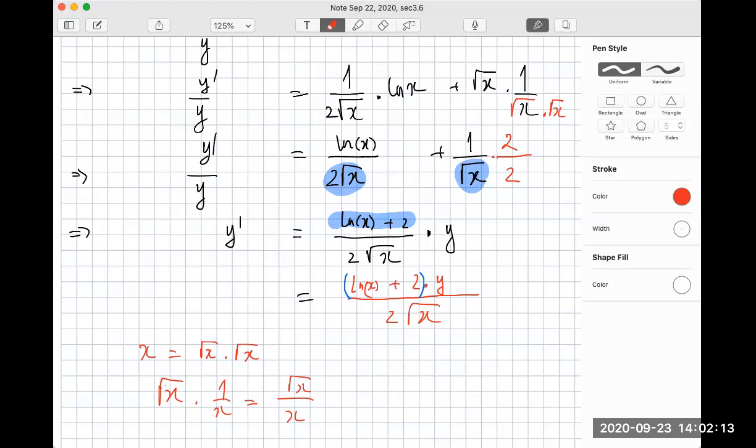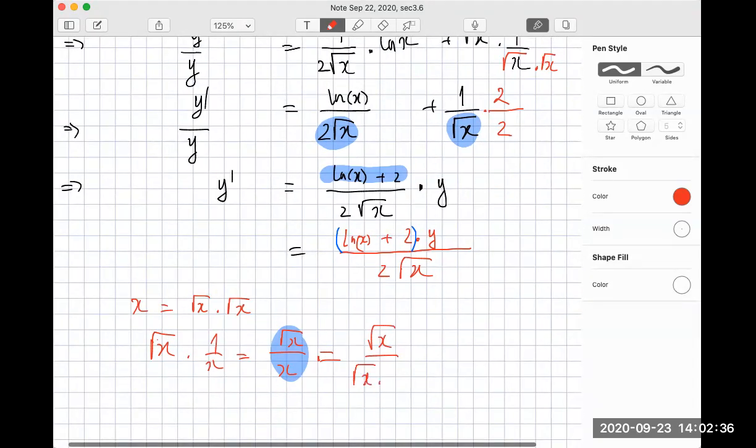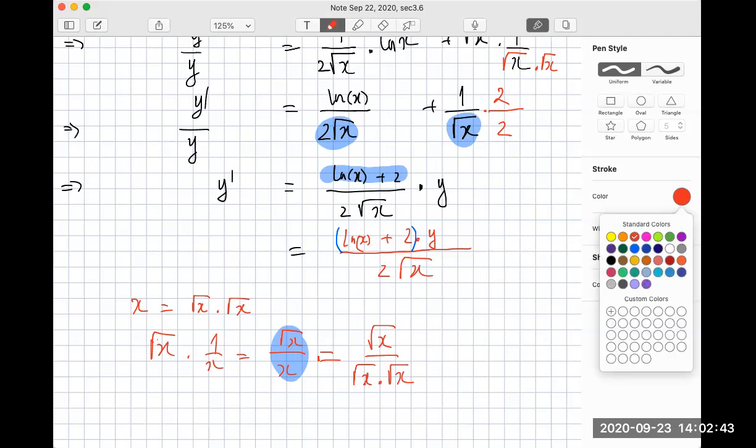But we see that in the first fraction there is a square root of x in the denominator. Without seeing that fraction, we see that this one we can simplify it, right? Because here it is square root of x divided by square root of x times square root of x. So we can either simplify it or let it be this way.